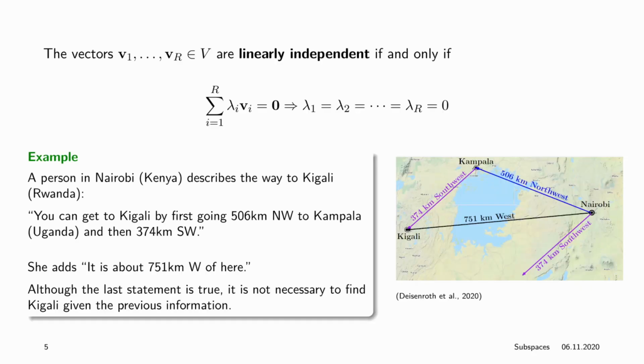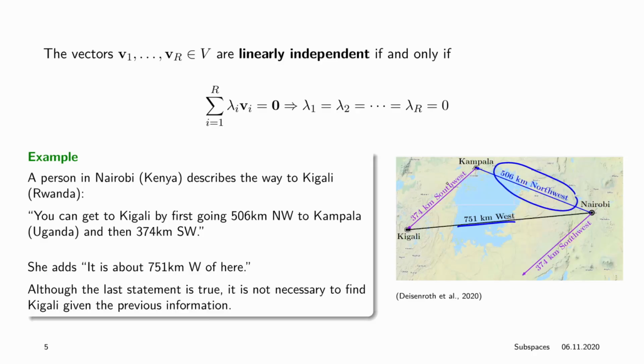Now let's say this person also adds, well, Kigali is 750 kilometers west of Nairobi. While this is interesting information, in principle it's completely unnecessary because the 2D space is already spanned by these two vectors.